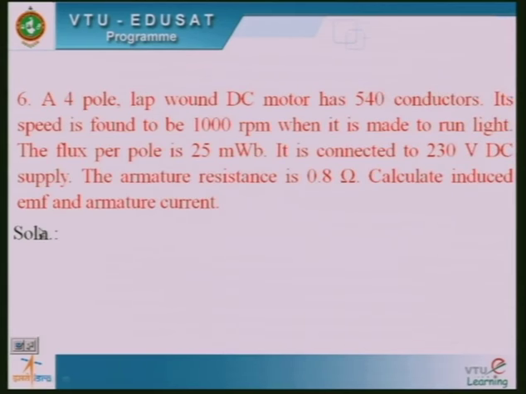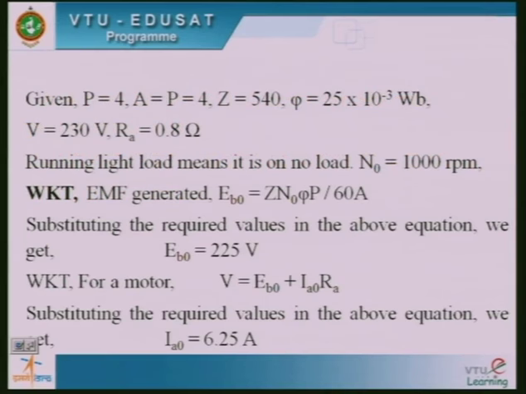Now, what is the aim of our problem here? Calculate the induced EMF, which you have calculated, and then you have to calculate the armature current. Armature current and induced EMF are related by this equation. For a motor, the supply voltage is equal to the induced EMF plus the voltage drop across the armature. Substitute the EB0 we have already calculated, that is 225 volt.